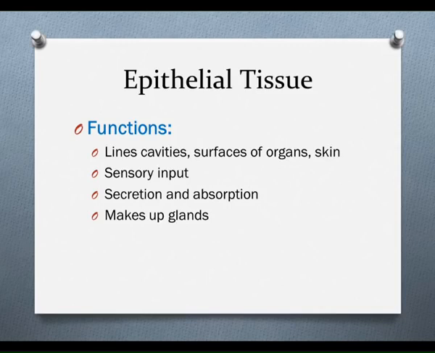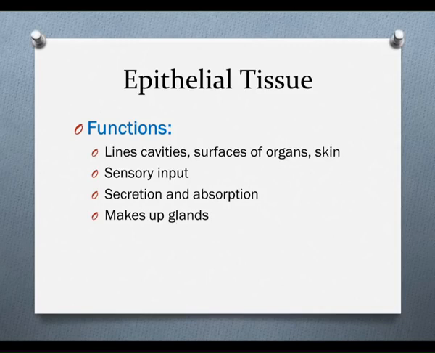But the four main functions of epithelium are what? Line, protect, secrete, absorb. That's what you need to know. Some extra information on this slide is that it can have sensory input, and epithelium makes up glands.